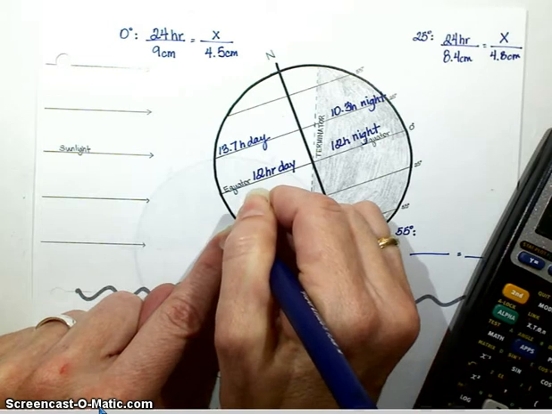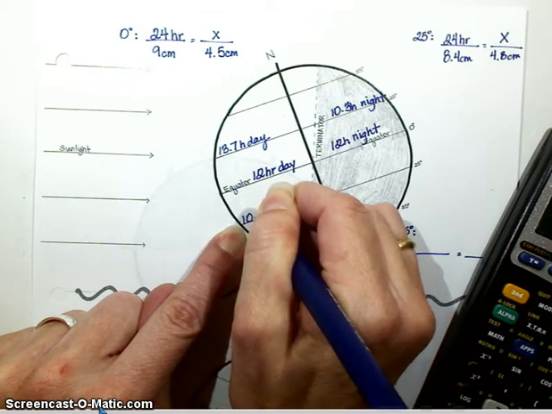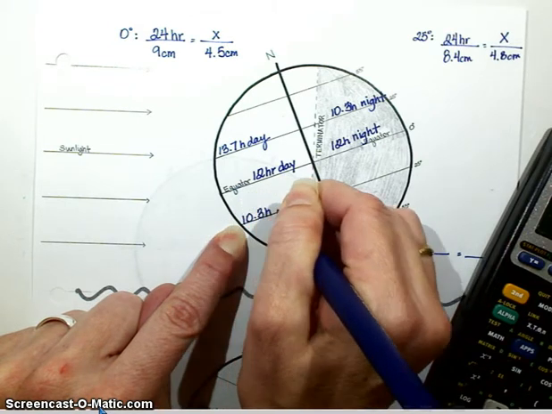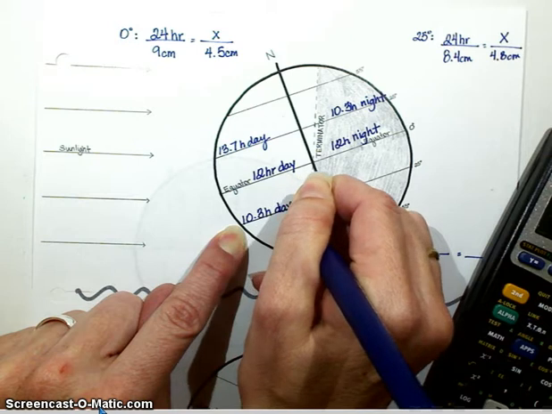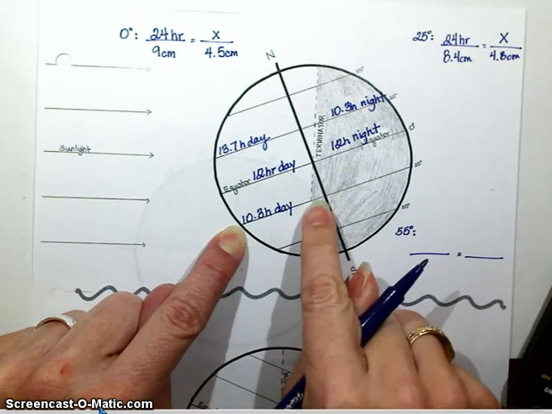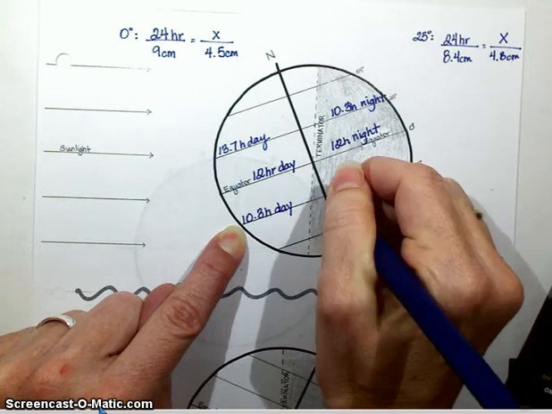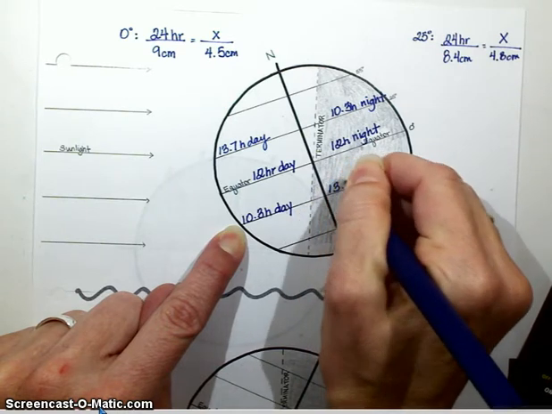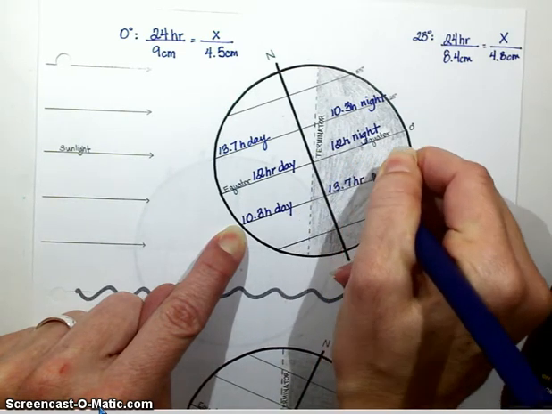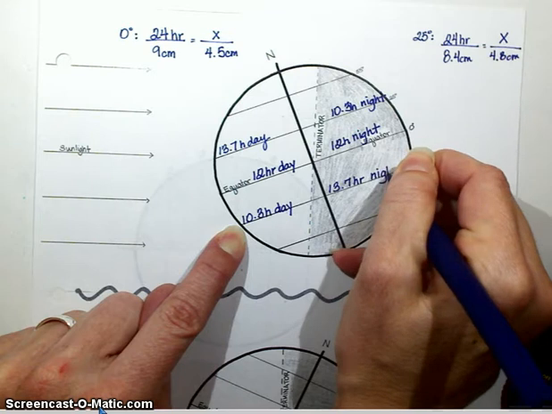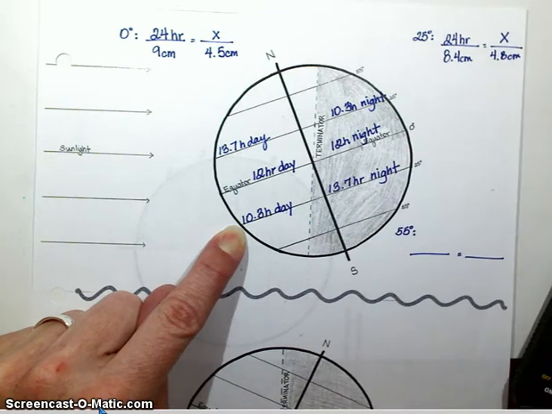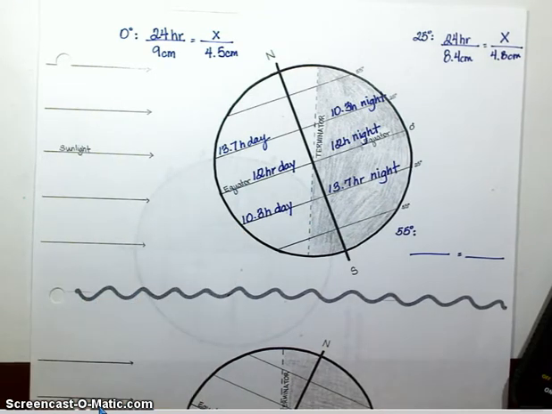So I don't even have to do a calculation down here. I know that this one's going to be 10.3 hours of day. And how much night are we going to have down here at this latitude? 13.7 hours of night.